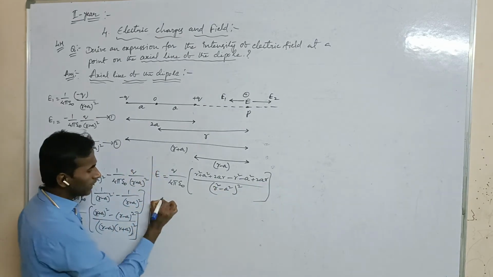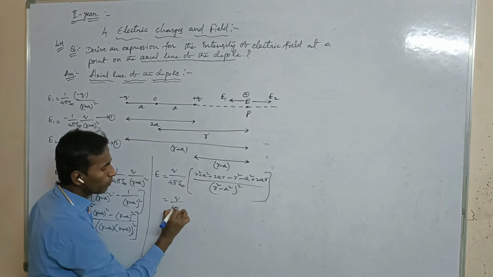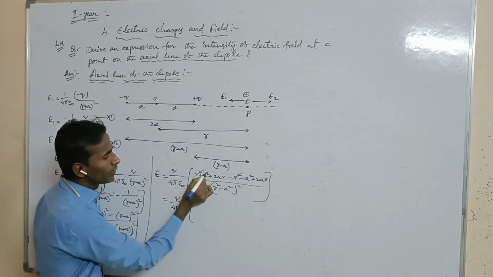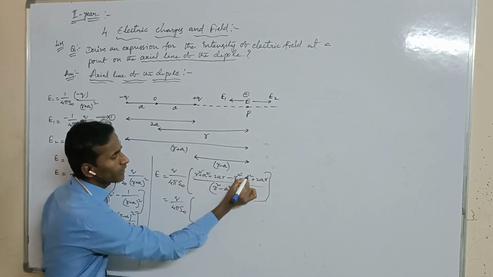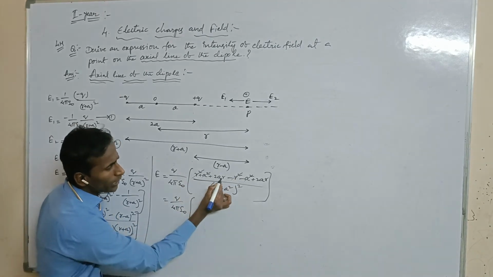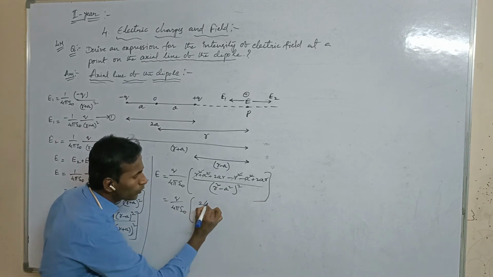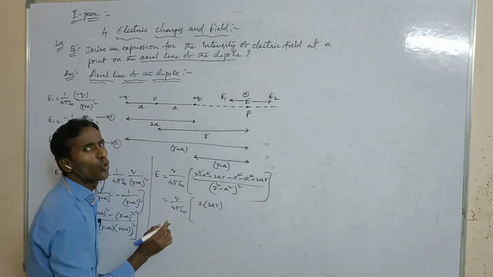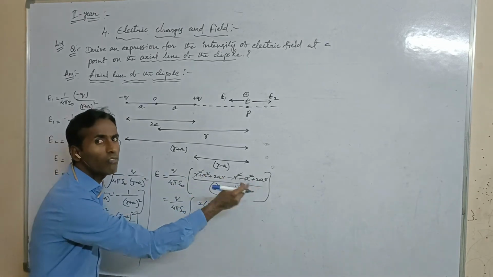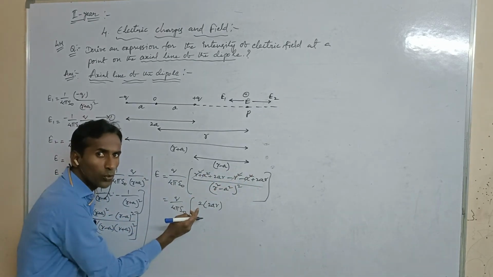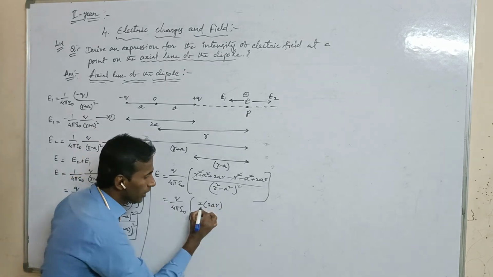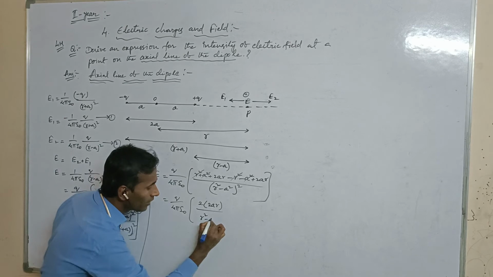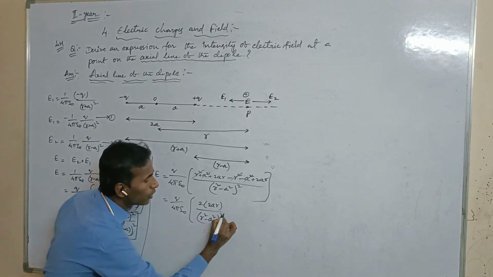So again Q by 4 pi epsilon naught, here plus R square cancels, plus A square and minus A square cancel, 2AR plus 2AR, we can write 4AR. So take out the common 2, then you will get 2 into 2AR by R square minus A square whole square as it is, right? R square minus A square whole square.